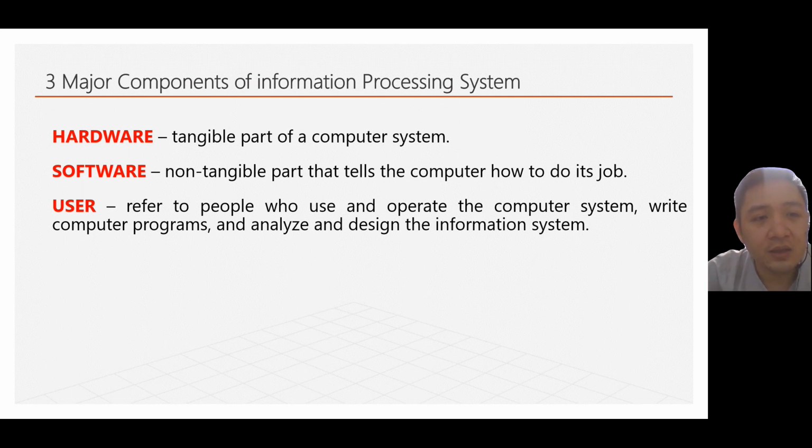And lastly, the most powerful component of the information processing system is us, the users. Without users, we cannot input the series of steps for us to be able to convert data to information.